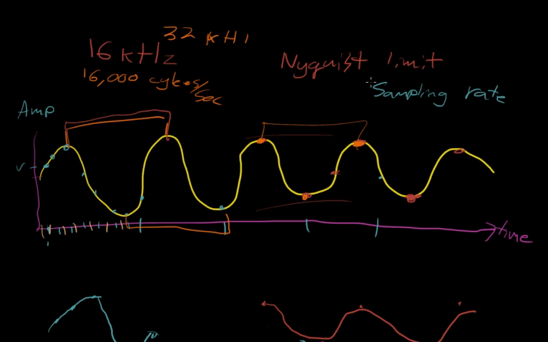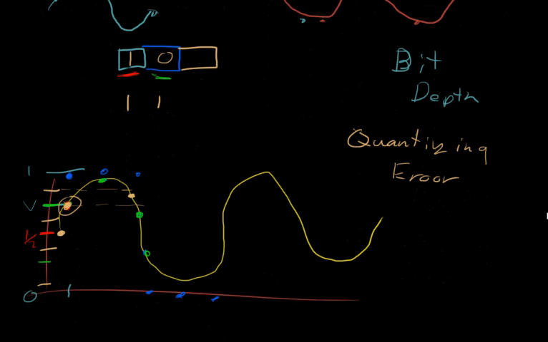You can have a higher sampling rate to get more dots on the curve, and then the bit depth, or the bit storage, whatever, tells how accurate the dots actually are. Because if you're sampling every billionth of a second, but your dots are rounding off too much, then it's not a good recording.